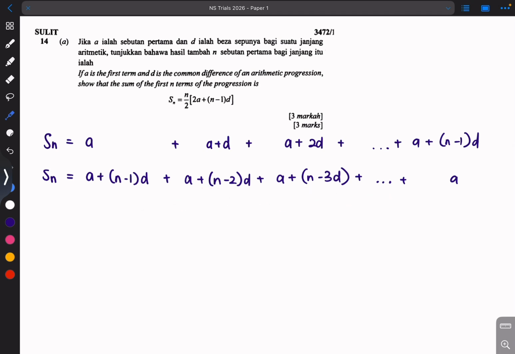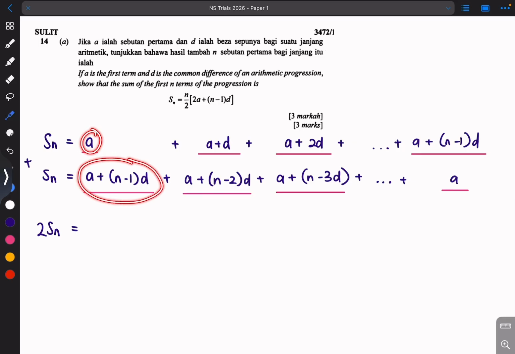Right. So now, this is our first term, second term, third term, last term. From the back, this would be our first term, second term, third term, last term. So what we have to do now is we have to add these two. So Sn plus Sn, we get 2Sn. A plus this, A plus A will become 2A.